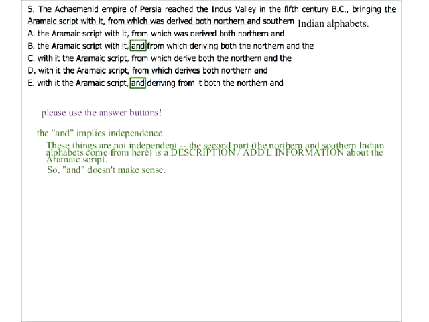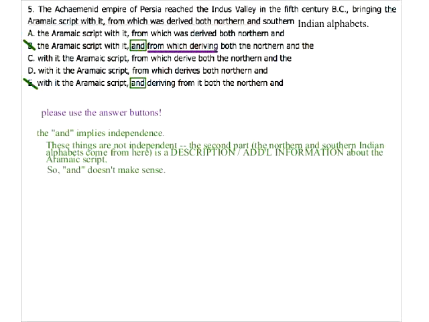You can also use the fact, maybe Ray, I think this might be what you were talking about, that "which" has to introduce a clause. If you say "from which" or "to which" or "in which," you actually have to have a clause after that.